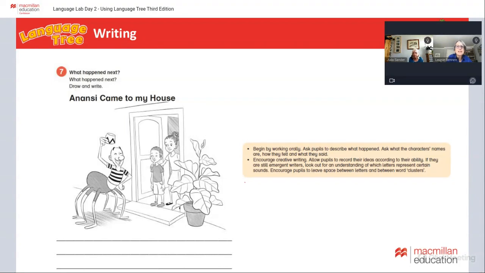It also suggests that the teacher encourages pupils to leave space between letters and between letter clusters. So these are things that the students are beginning to understand from their reading and from being read to, that letters come in clusters which make words. Next slide, please.